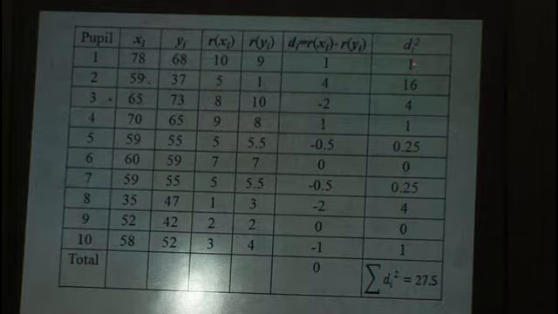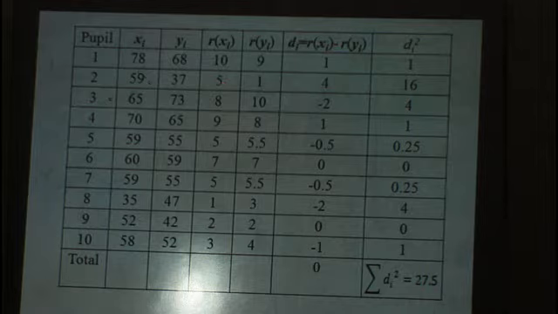Now let's come to the second situation, that's the ranking as the raw data was recorded. The second person had 59 in mathematics, and in the ranking, 59 was 5th.